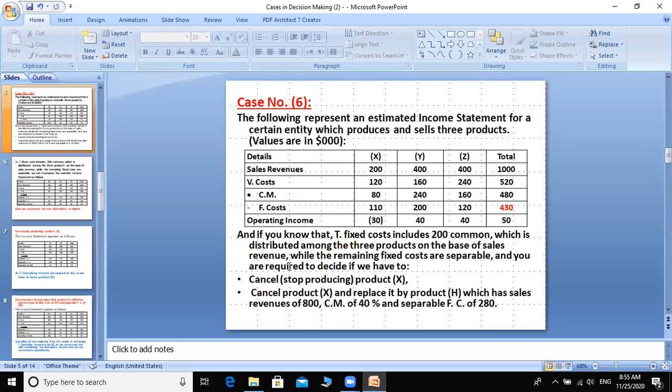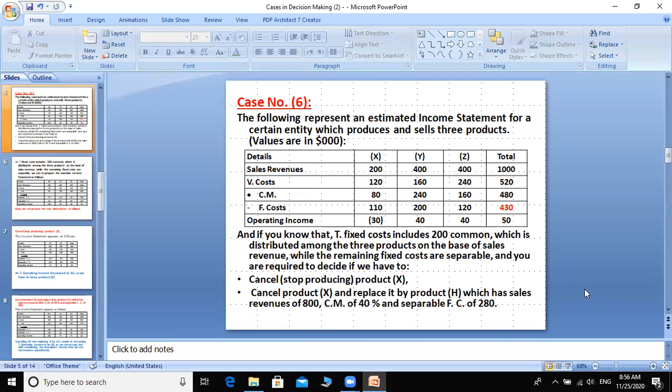What else? He told me that the remaining fixed costs are separable, and we are required to decide if we have to cancel or stop producing X. This is one choice: cancel X and replace it by product H, which has sales revenue of 800, contribution margin of 40%, and separable fixed cost 280.